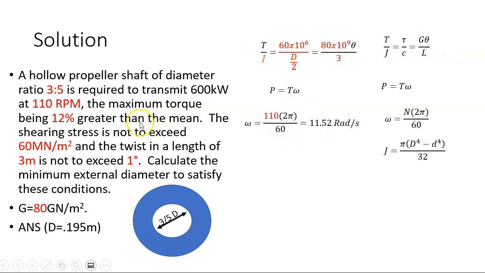Tau is 60 by 10 to the power 6. G is 80 by 10 to the power 9. So we have G and we have tau. I don't know the radius, so I'm just saying it's the outside diameter over 2.